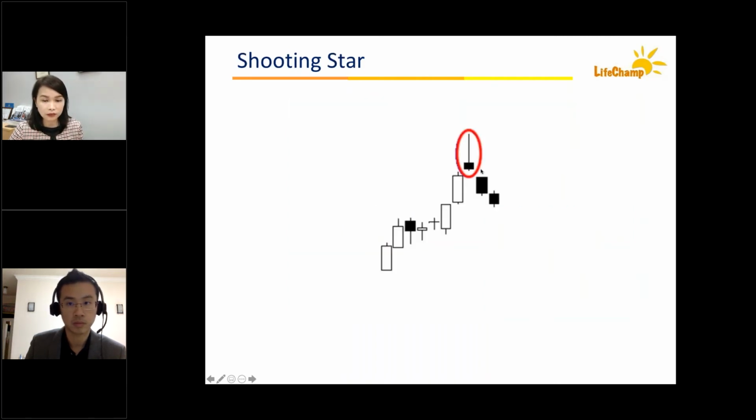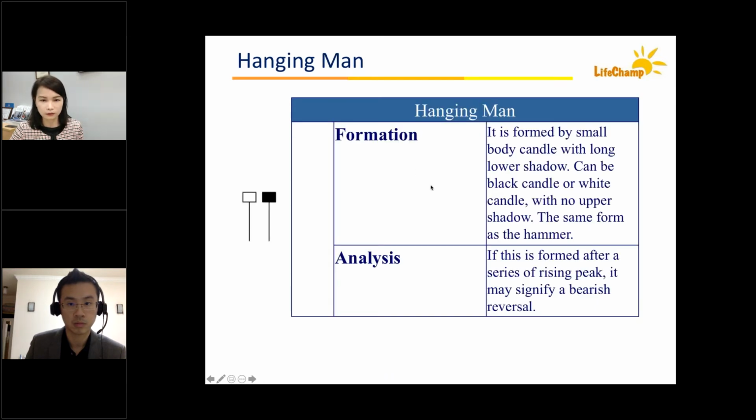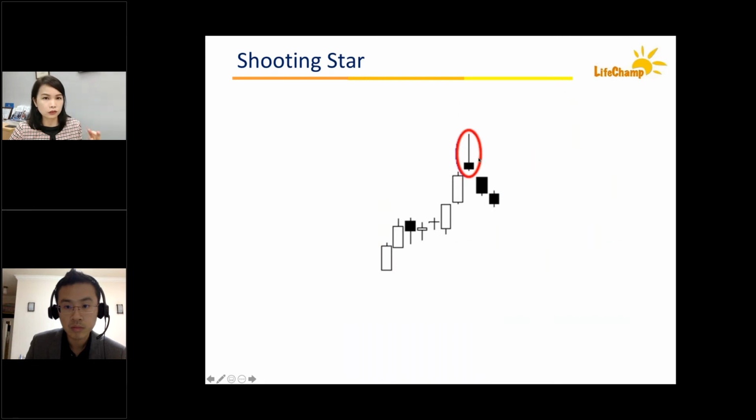But this one is really more powerful. I repeat, for candlesticks there is strength, like 1 star, 2 star, 3 star. This one is probably about 2 stars, but this one is 3 star strength of reversal.